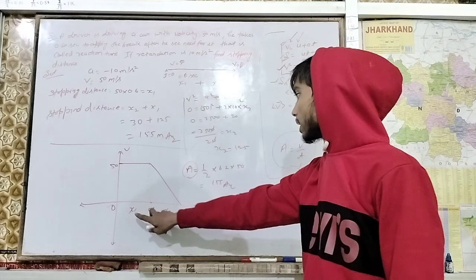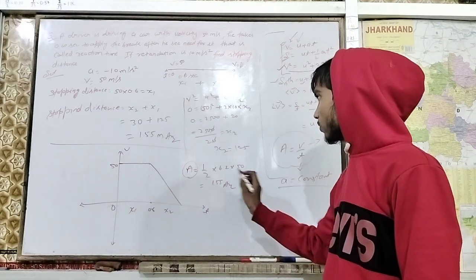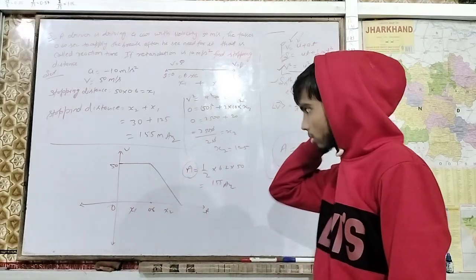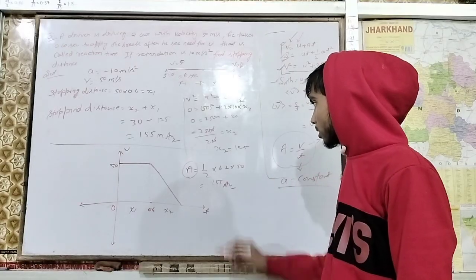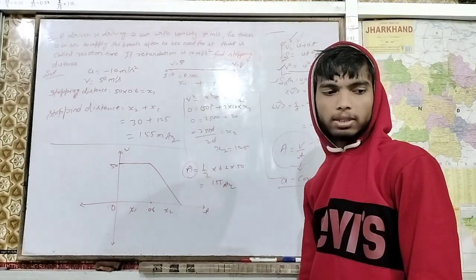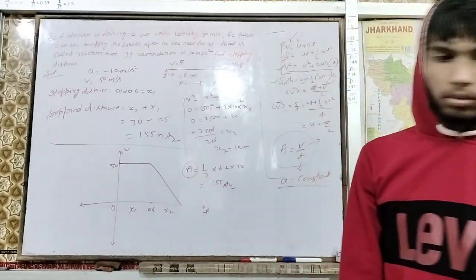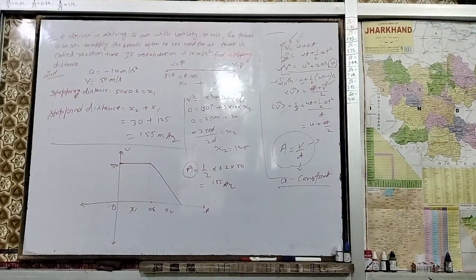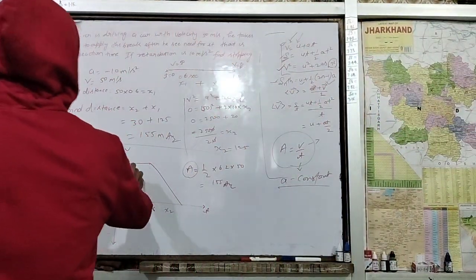Area of a trapezium is equal to 1 upon 2 multiplied by the sum of parallel sides multiplied by the perpendicular height. The sum of the parallel sides is 0.6 plus 5.6, total 6.2. 50 is the height, the perpendicular height. At the end we get 155, which is the area of this trapezium. This is our answer.